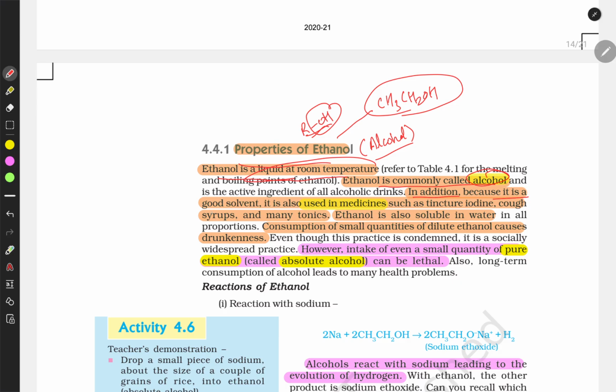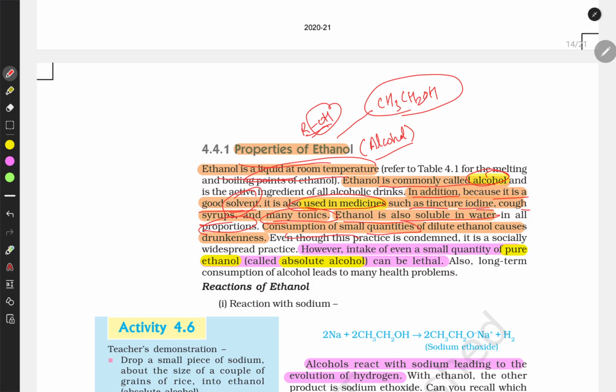Because it is a good solvent, it is also used in medicines, such as tincture of iodine, cough syrups and many tonics. Alcohol is soluble in water in all proportions.